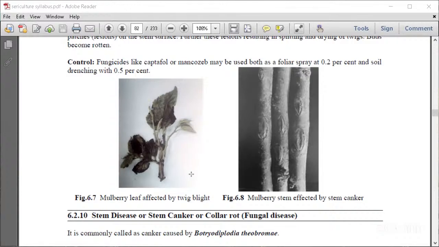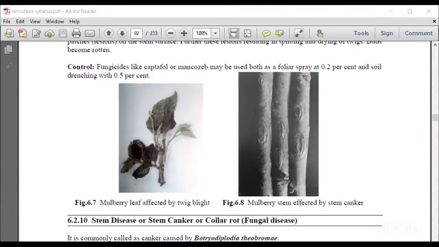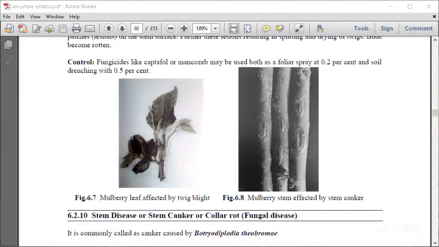Coming to the mulberry stem affected by stem canker, here you can see it looks almost like cancerous lesions on the stem. It is commonly caused by Botryodiplodia theobromae.